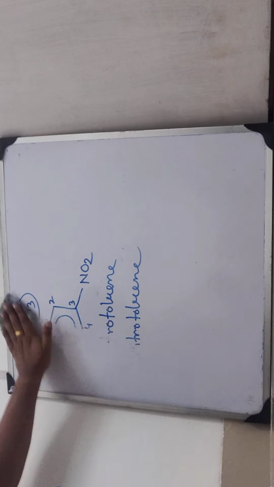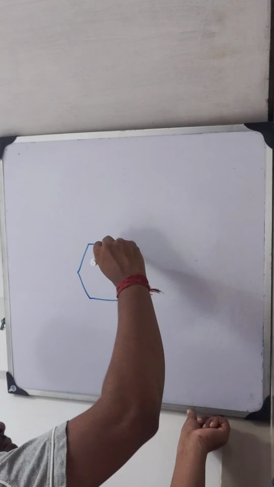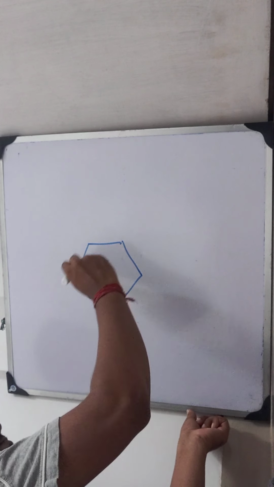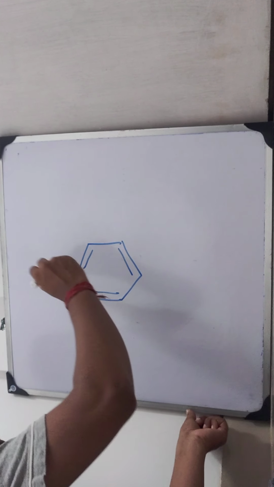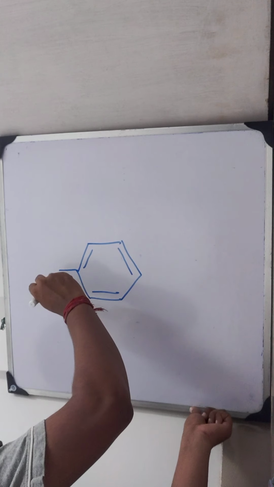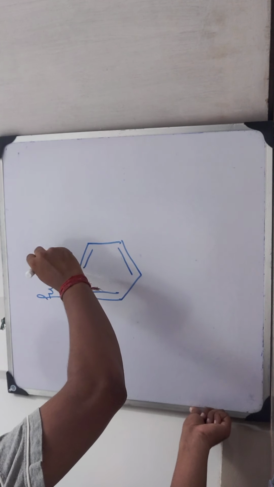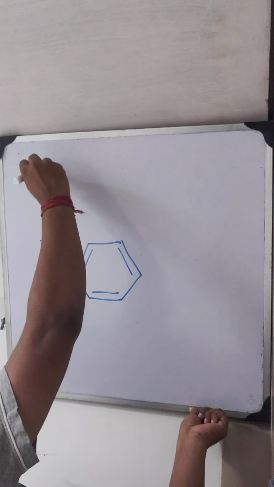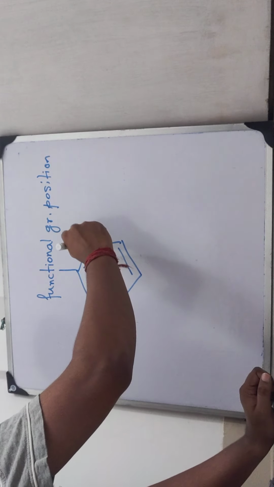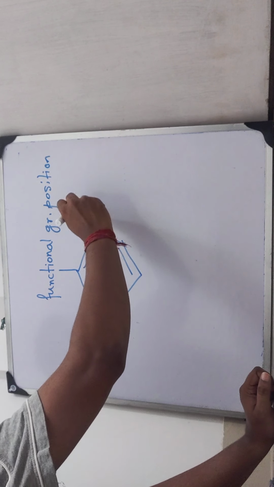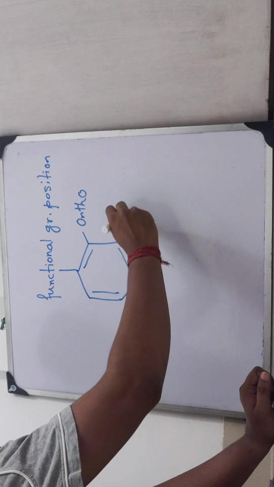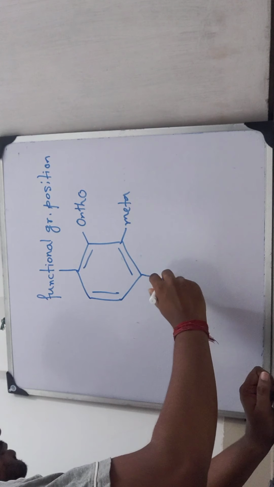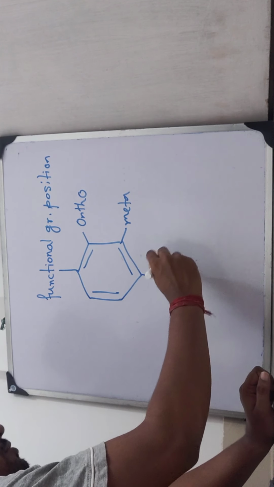Now let us come to that thing. If it is a benzene ring, this position is called the functional group position. This one is called the ortho position, this one is called the meta position, and this one is called the para position.